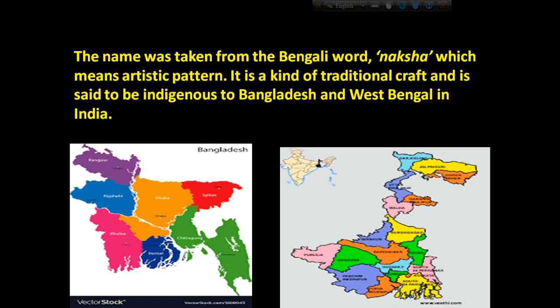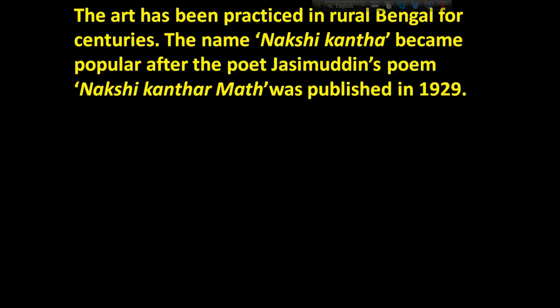That means nokshikatha is very popular in these two places, especially in Bangladesh and West Bengal in India. If you go to India, or to many districts of Bangladesh, then you will find nokshikatha, especially in the villages.